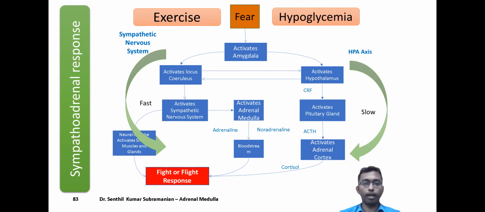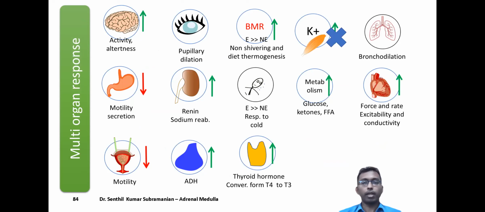Catecholamines work hand in hand with the sympathetic nervous system and the cortisol secreted from the adrenal cortex as a sympathoadrenal system response to prepare the body for a fight or flight response. Which limb is activated depends upon the type of stimulus. The catecholamines act on various systems to bring about the desired change.